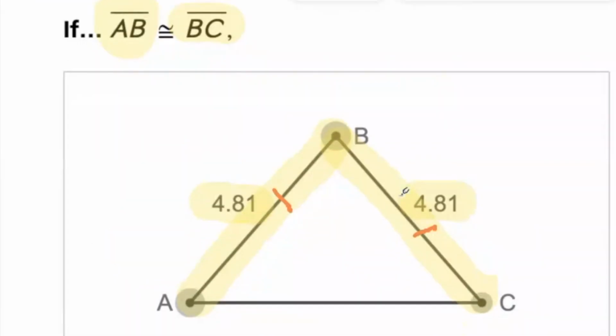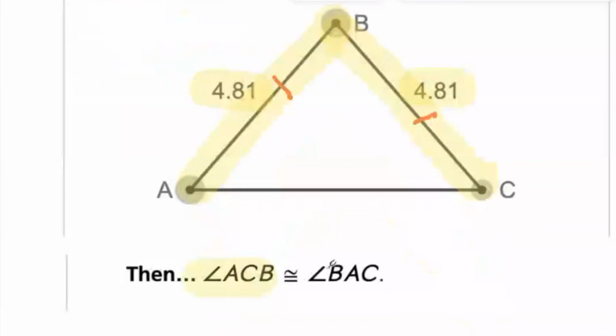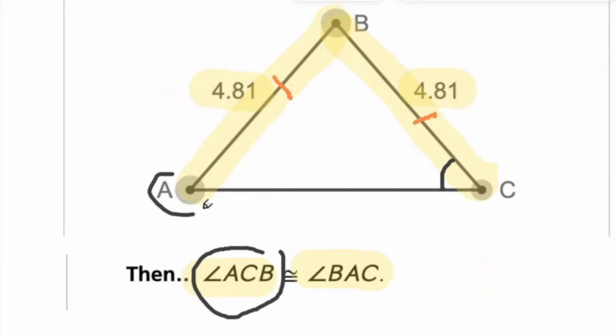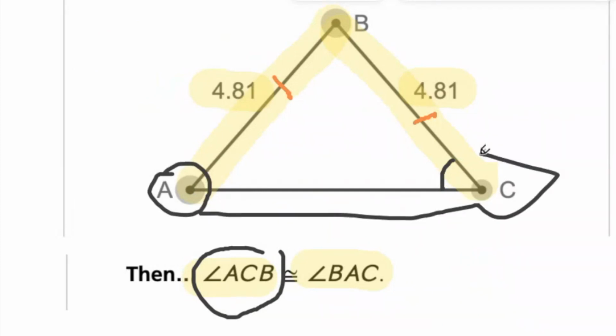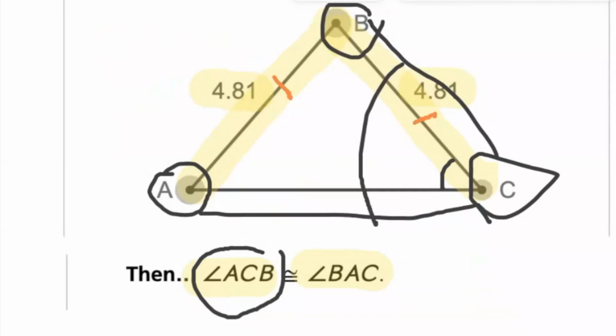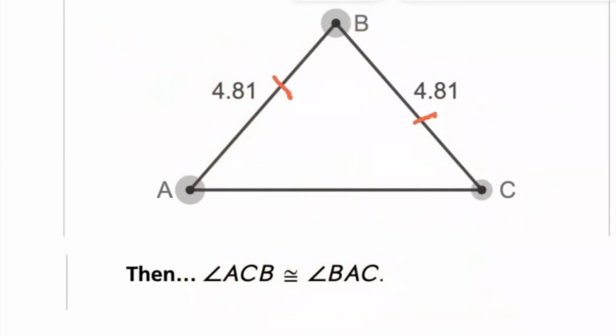If they are congruent, then the angles opposite to these sides are also congruent, which are angle ACB. ACB is this angle. This is your angle ACB. Can you see? Okay, let me clear all.